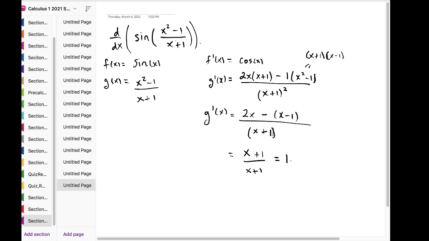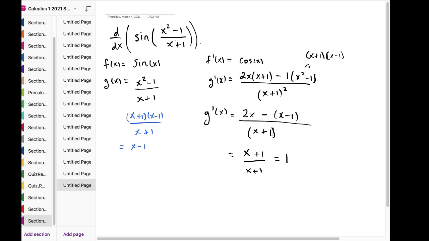Yeah, so if you notice over here, if you factored this, this is equal to x minus 1 when, is it equal to x minus 1, by the way, or what is it equal to?